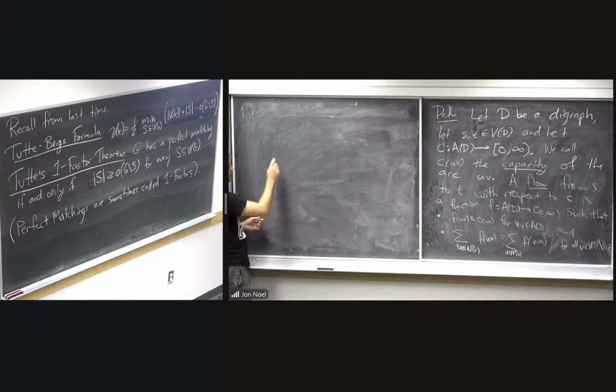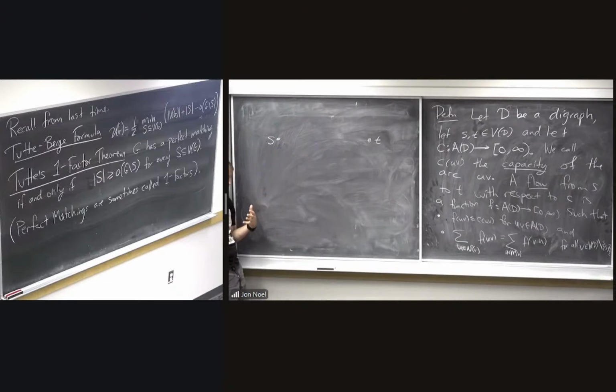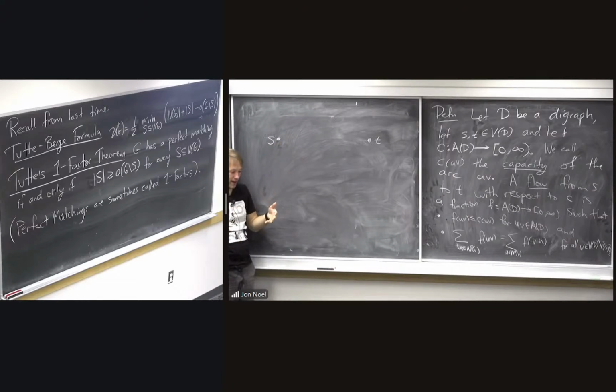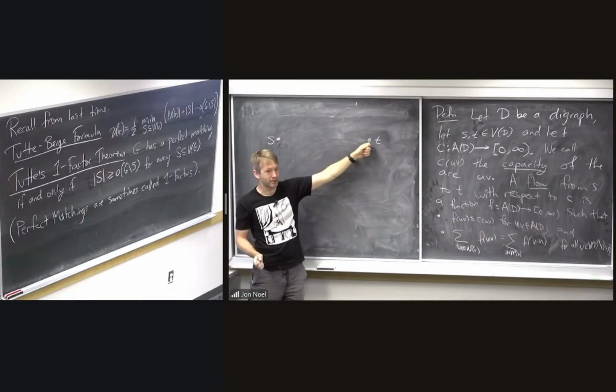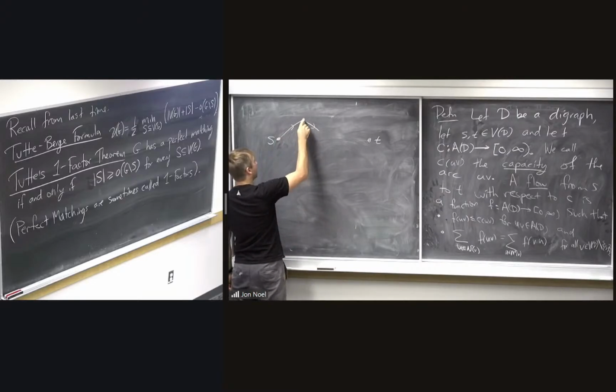The way you should think of this is you've got some S and some T, and let's suppose you've got some kind of resource, like oil or water, that you're trying to send through a network from S to T. S is the source of all your water, and you're sending it through pipes, trying to get as much water to T as possible.